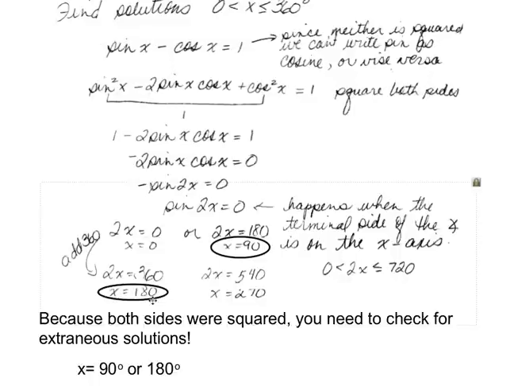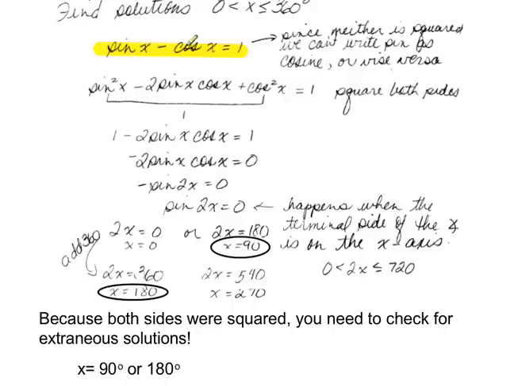But one thing you have to remember is that when you square both sides of an equation, you need to check for extraneous solutions. And you do that by substituting into the initial equation. If you put 0 in here, you'd have sine of 0 minus cosine of 0. Well, sine of 0 is 0. Cosine of 0 is 1.